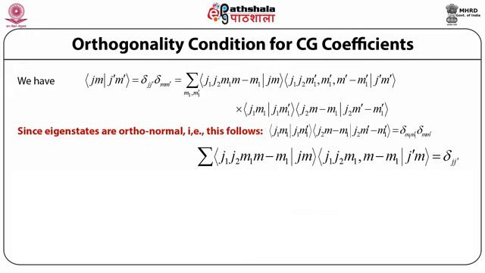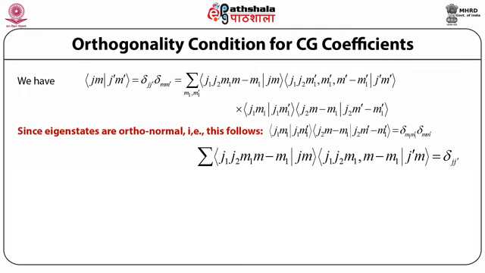Now, since the eigenstates are orthonormal, that is, <j1 m1|j1 m1'> <j2 M−m1|j2 M'−m1'> is given by the relation delta m1 m1' times delta M M'.